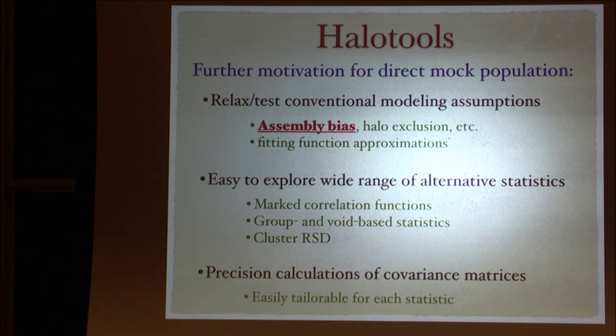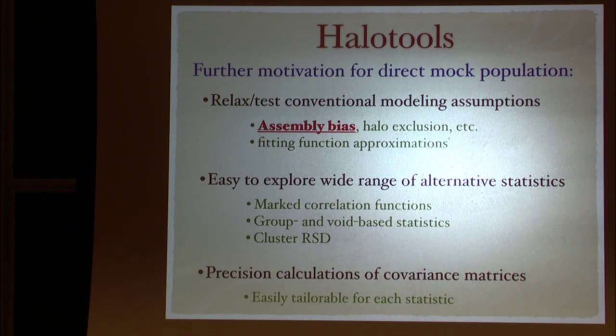Systematically testing fitting function approximations, being able to explore a wide variety of alternative statistics, and also because the code base is written such that it can swap in and out simulations just by passing in a different string that tells you which simulation you're interested in populating.